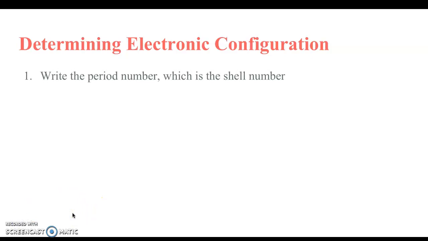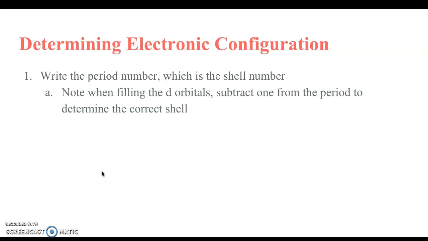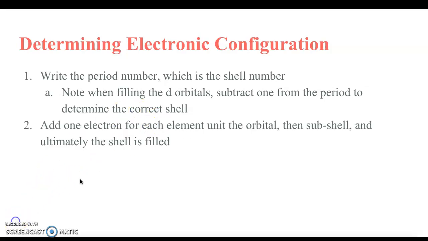A little bit on the notation we're going to use. We're going to write the period number, which is equivalent to the shell number. Note that when filling the d orbitals, you have to subtract 1 from the period in order to determine the correct shell number.